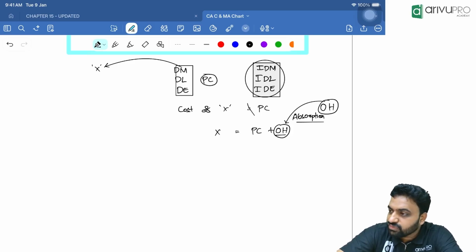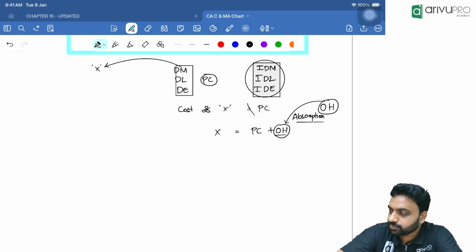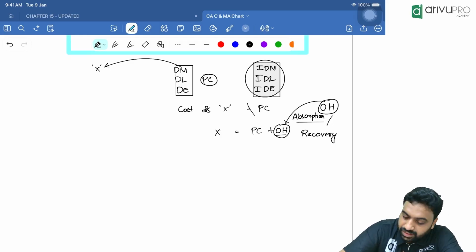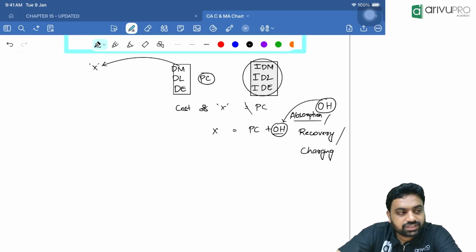A portion of the whole organization overhead is charged to the final product, so that we can determine the cost of the product. That activity we call absorption, or recovery, or charging. Understood?